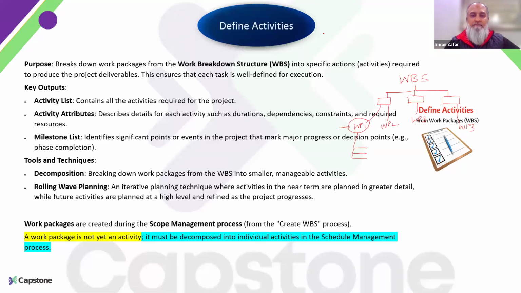For this, we have this process which is called define activities, where we look at the work package and then decide how many or what type of activities we will need to complete it. We look at every work package and document what activities will be required, and that will give us our activity list for every work package and ultimately for the complete project.